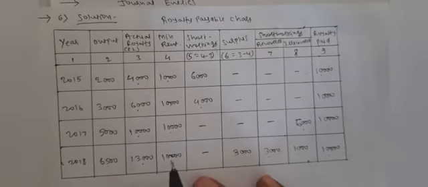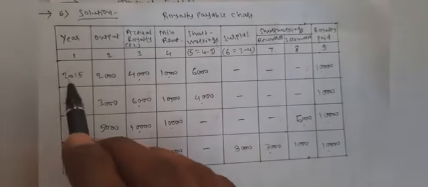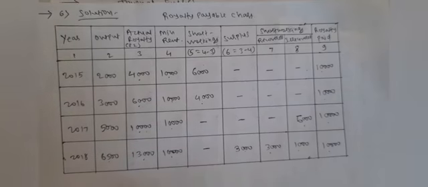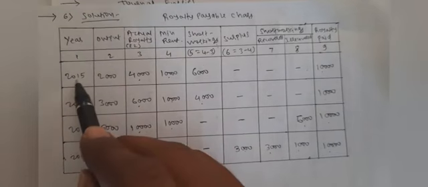First we have to pass the journal entries for 2015, then 2016, then 2017 and then 2018. For each year maximum 5 journal entries will be there. And if recoupment of short working is not there, then those entries will be reduced. So let me take first 2015.